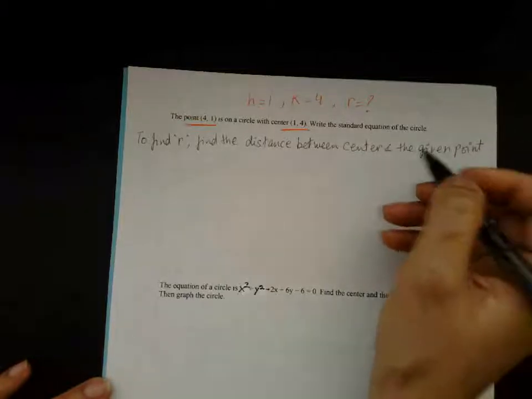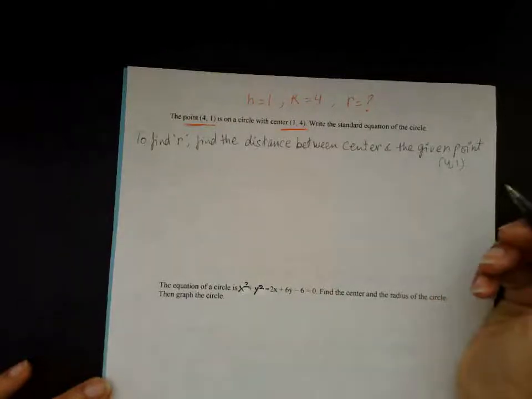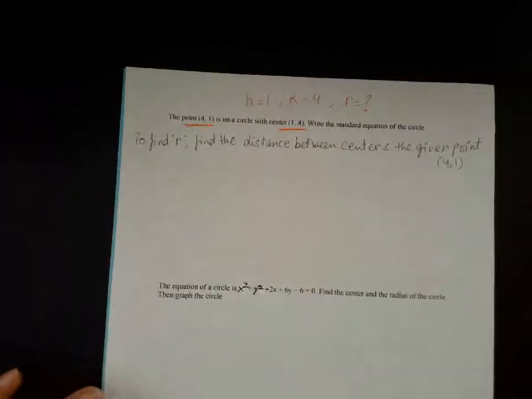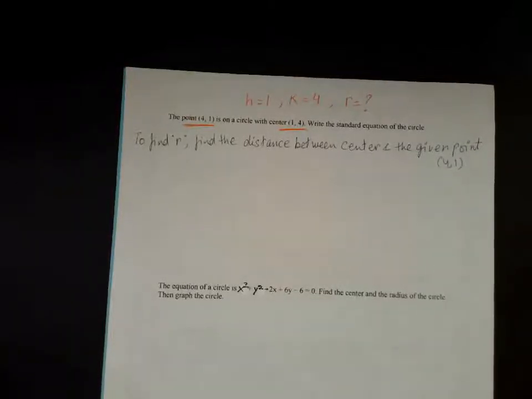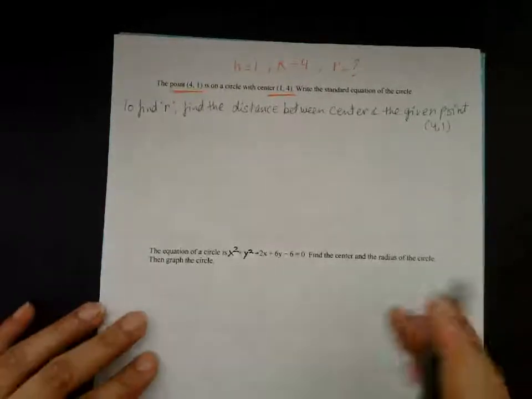What is the given point in this case? The given point is (4, 1). So if you have to find the distance between the center and the given point, we need to use the distance formula. Let's find it out.